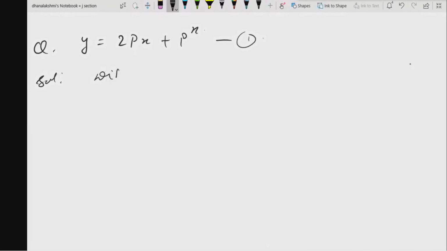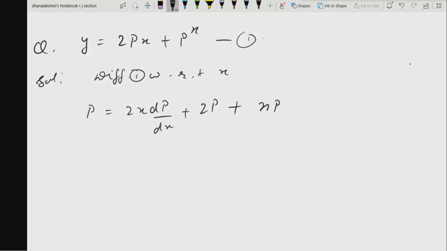So you will differentiate with respect to x. On the left hand side you will get dy by dx, which is nothing but p. Here I will get 2x for p, I will get dp by dx. Then again 2p as it is, for x I will get 1. p to the power n will give n into p to the power n minus 1 and dp by dx.